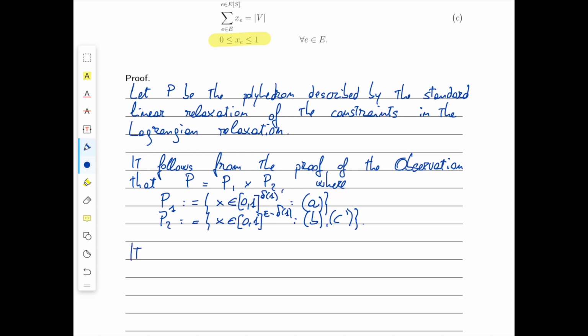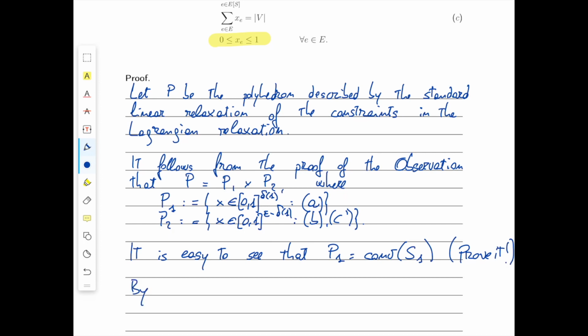It is easy to see that P1 is the convex hull of S1. Prove it. This is an exercise for you.